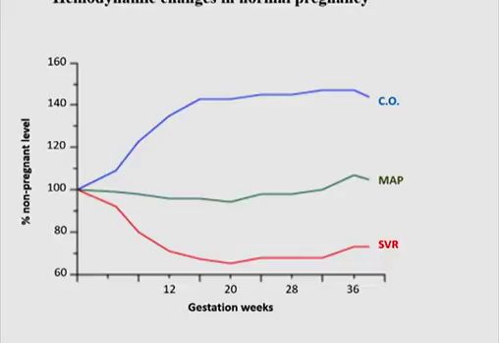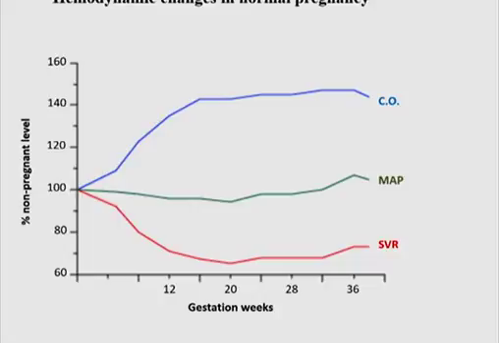The x-axis is obviously the gestational weeks, and you see an increase of easily 35 to 40% during the gestation of cardiac output. At the same time, you see the mean arterial pressure initially dips a little bit, and then it sort of maintains back to normal.